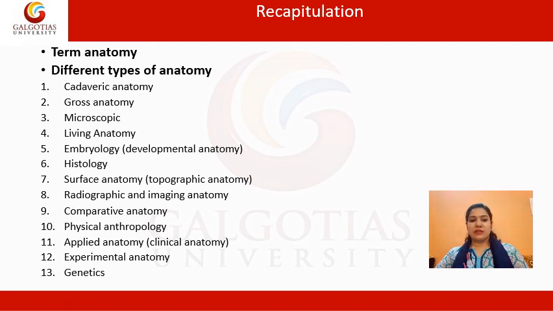We have studied all these types of anatomy in our previous class, and I hope that you all understand well.